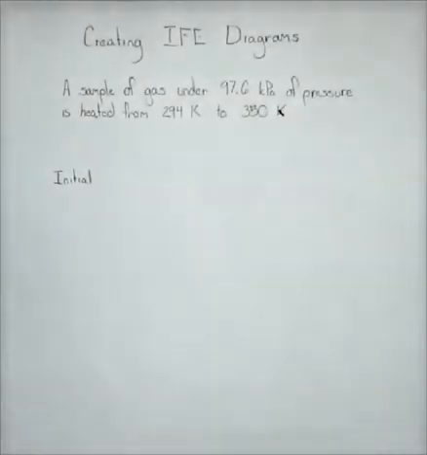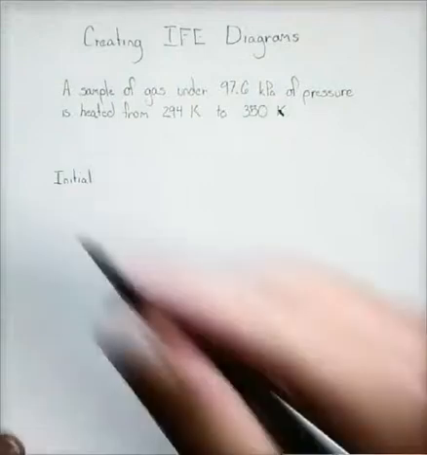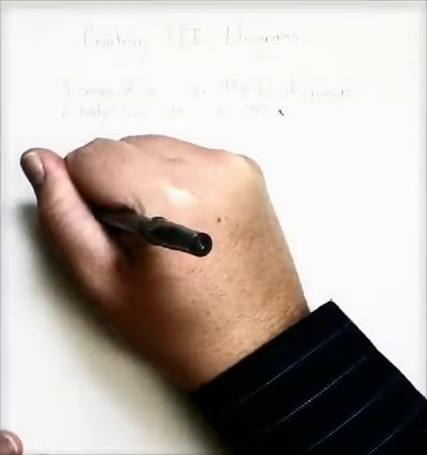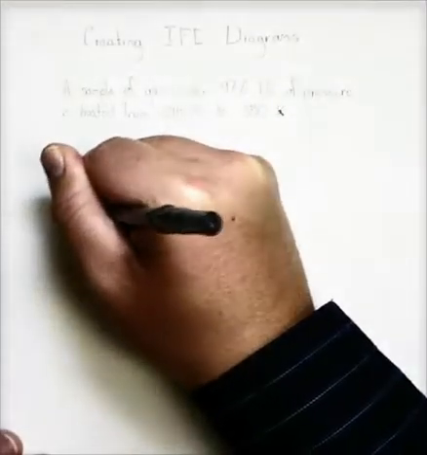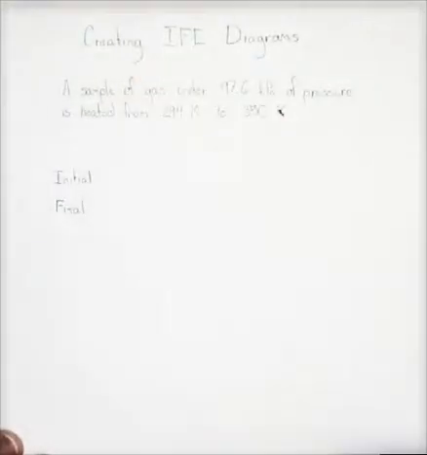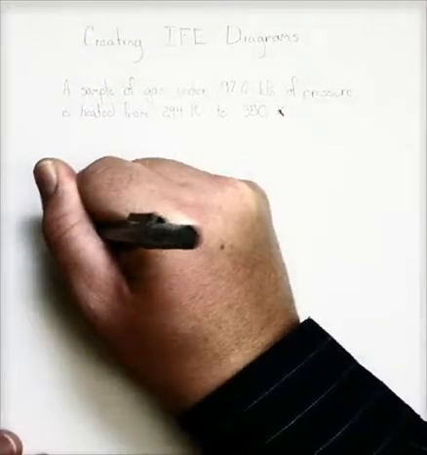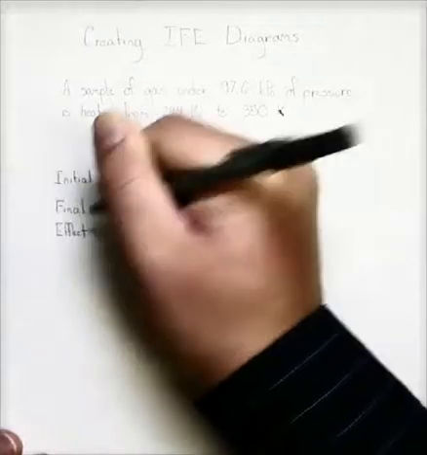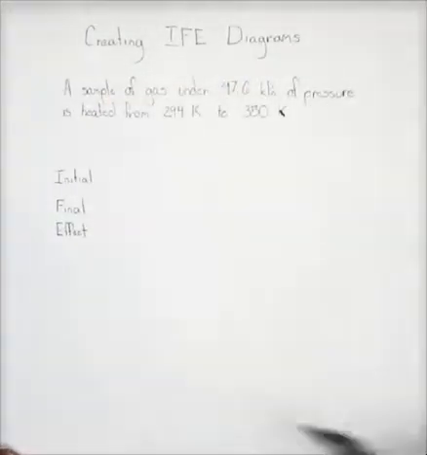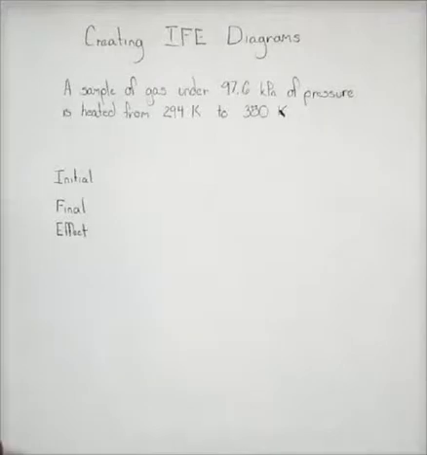All initial means is beginning, or the starting setup. F stands for final, and E stands for effect. So initial, the beginning, final, the end, and effect, in which we describe how things change.